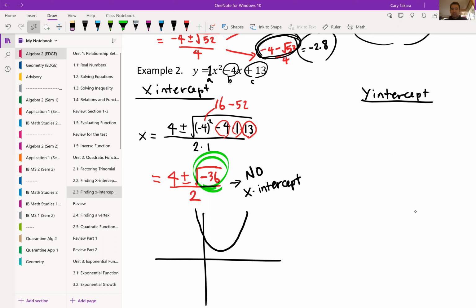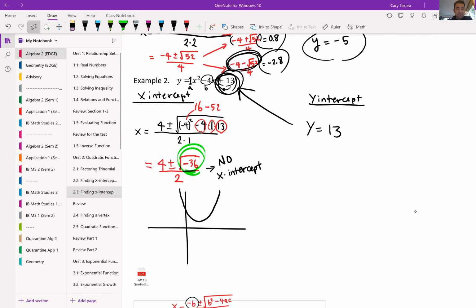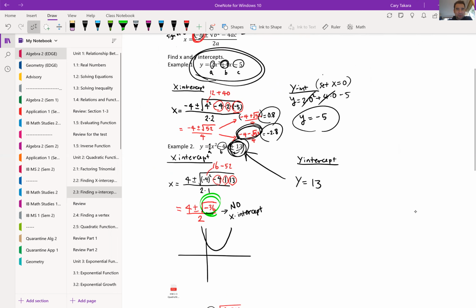It's the number right there, right? Because you set x to 0. So the y-intercept is going to be 13. All right, so that's it. That's all I have as an example that I wanted to go over.